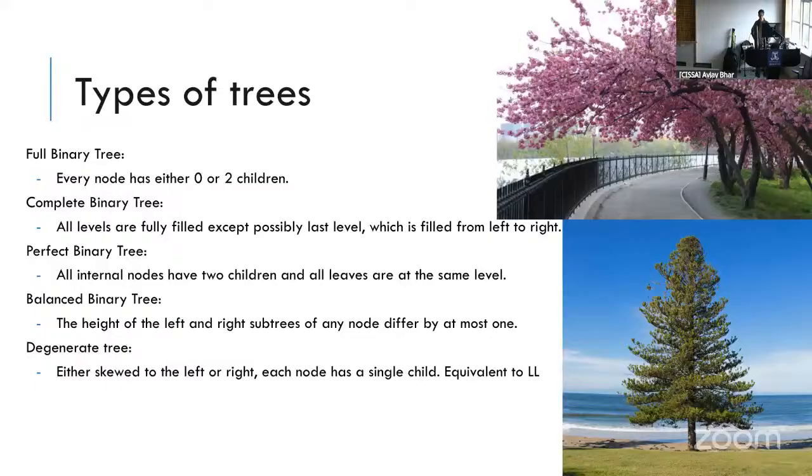Now, a little bonus quiz here, and the answer is there as well. A degenerate tree is either skewed all the way to the left or all the way to the right. So someone here give me a number. 3. Give me another number. Give me another number, that's not 5. 9.